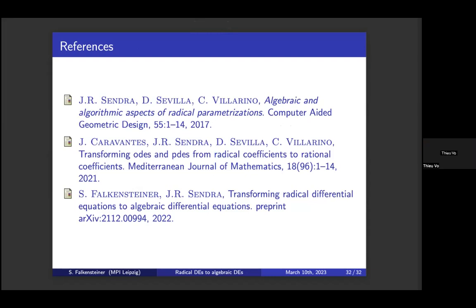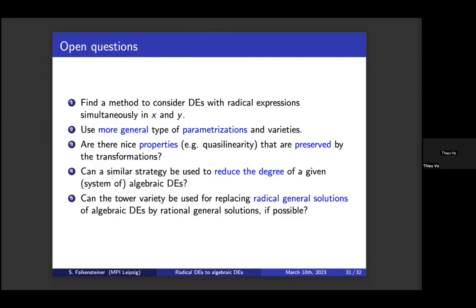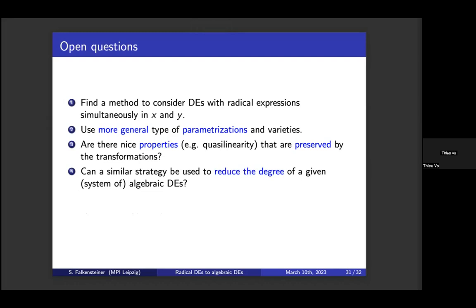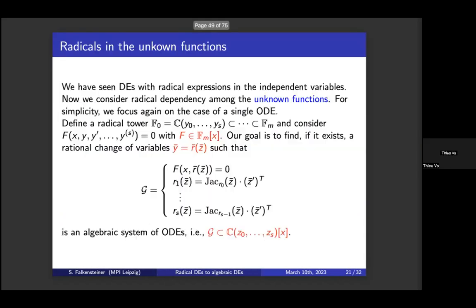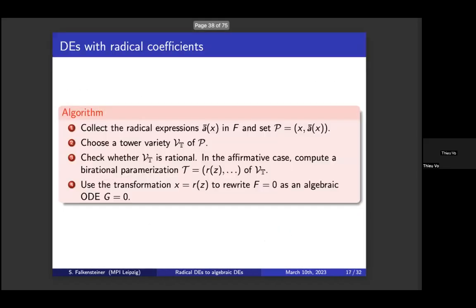I have a question, Sebastian. Let's come back to the first problem that you consider, trying to transform a radical differential equation where the radical appears only in the coefficient. Is it correct that your method will be successful if and only if the tower variety VT is rational?